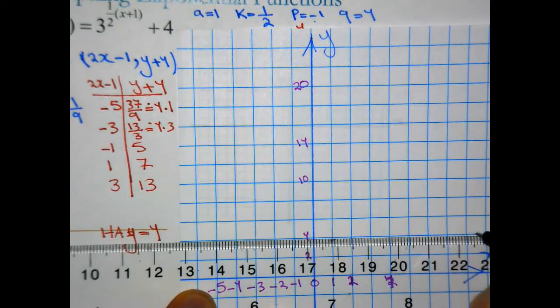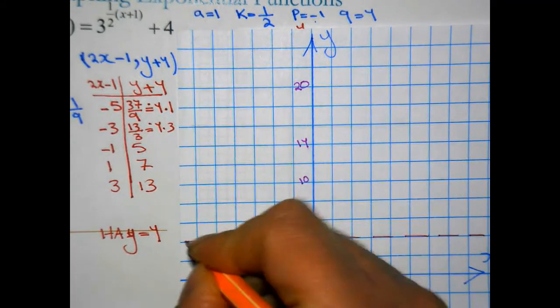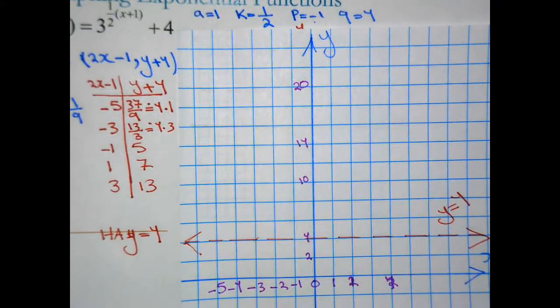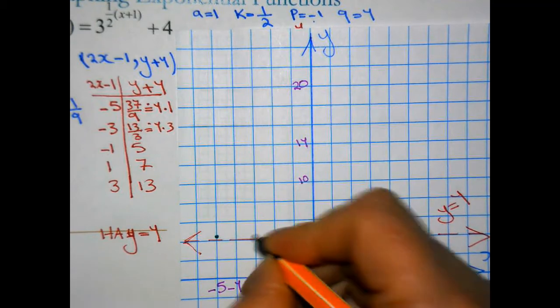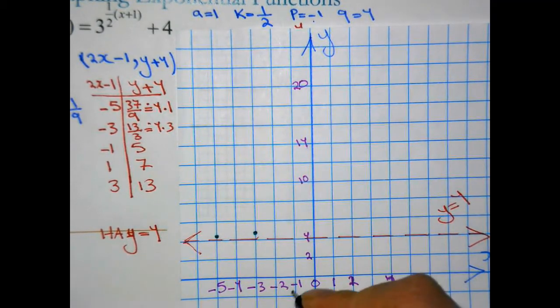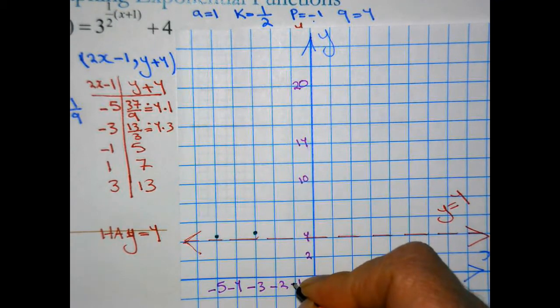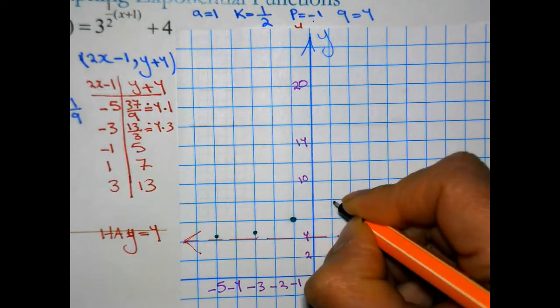here. Y equals 4, and now I am going to draw my points, -5 and 4.1, -3 and 4.3, -1 and 5, here, and 1 and 7.